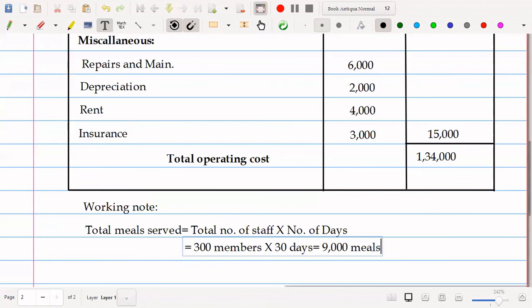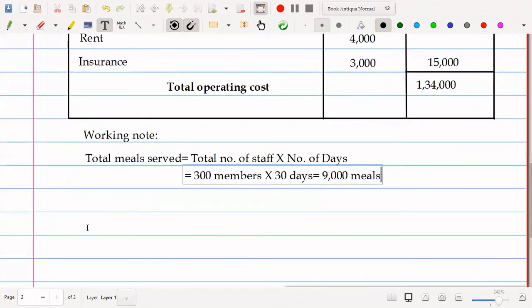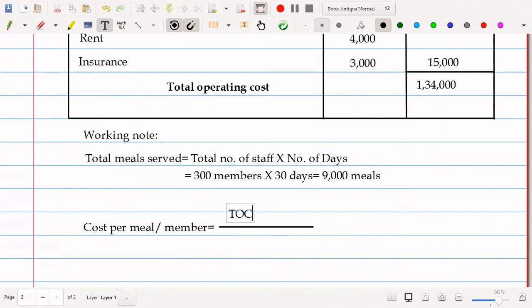Okay, now we'll calculate cost per meal or cost per member. That is equal to, as you all know, total operating cost divided by number of meals or members.